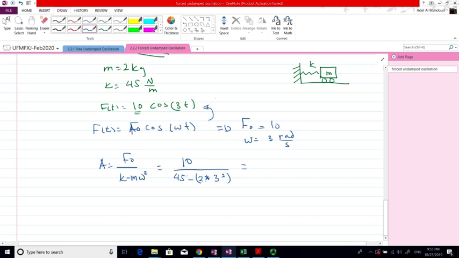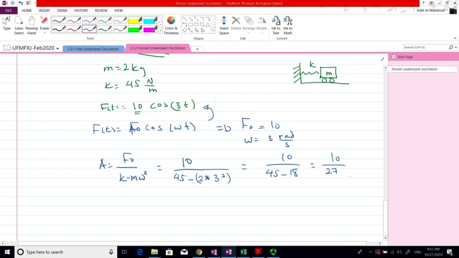Let me use the calculator. 9 multiplied by 2 is 18, so 45 minus 18 is 27. So we have 10 over 27.